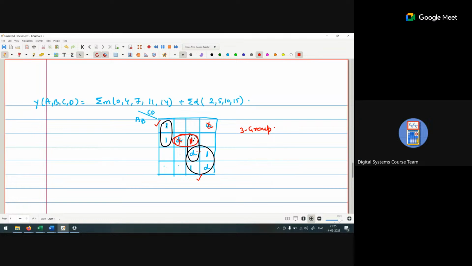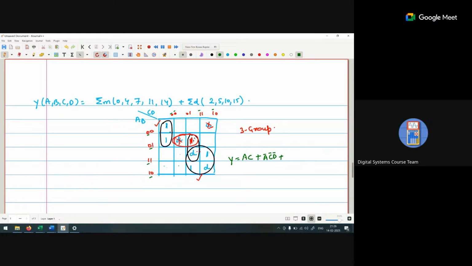from these two. Now if I write the equation, 0 0 0 1, 1 1 1 0, 0 0 0 1, 1 1 and 1 0. If I create a group of 4, then a is constant and c is constant, so y is AC. For this group, c and d are constant and a is also constant, so A bar, C bar, D bar.